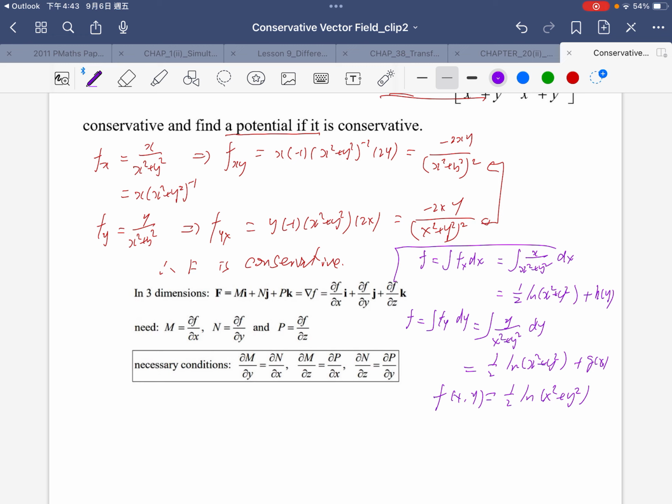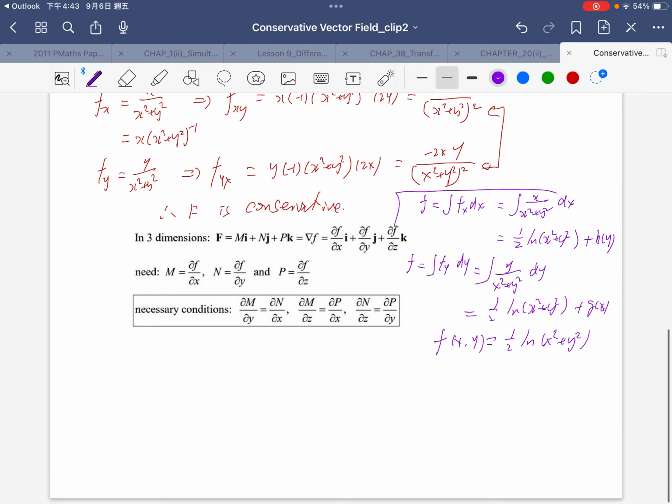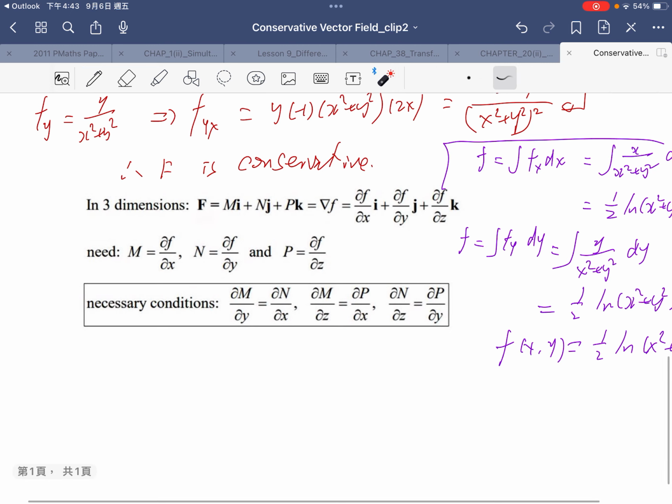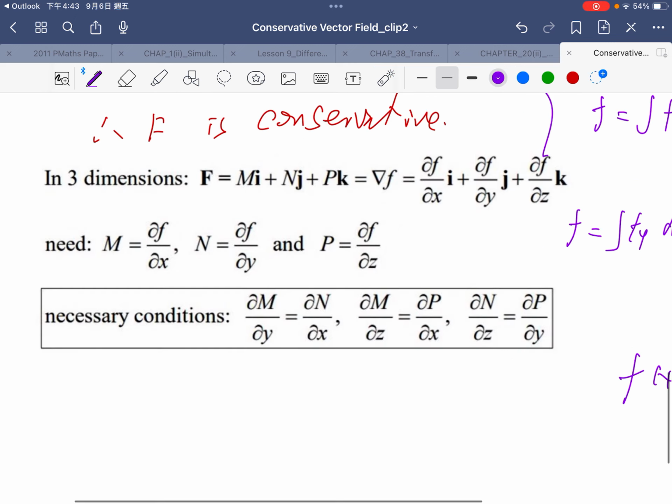Okay, in the next step I also demonstrate the relation in three-dimensional space. Assume the vector field is Mi plus Nj plus Pk.